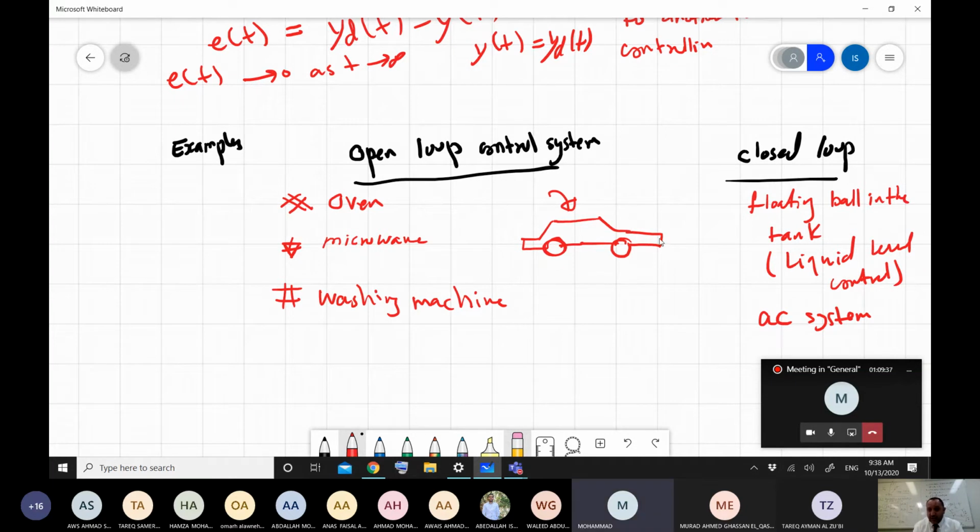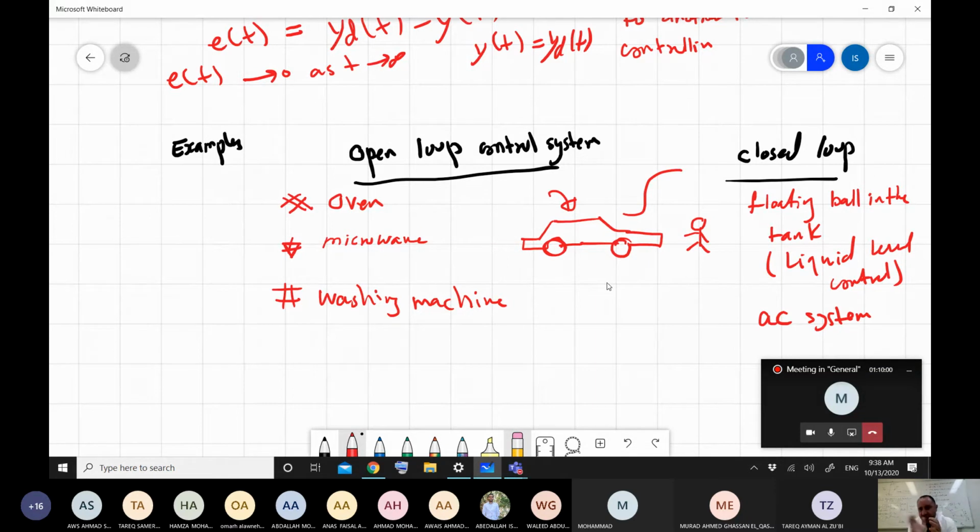No. Why? Because simply maybe the road will change. Maybe something will interfere or interact with the car. So this one, for sure, I will go with the closed loop.